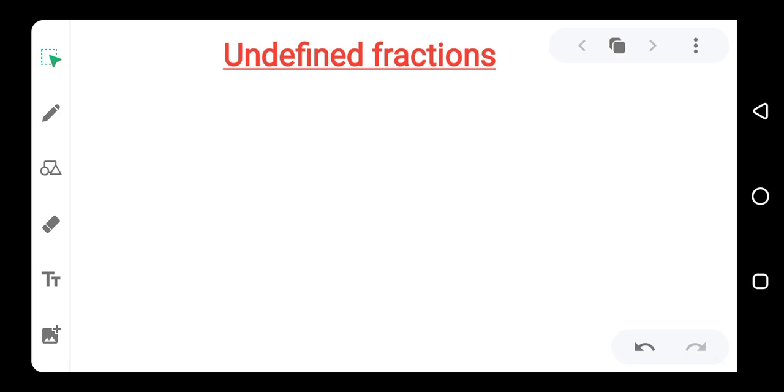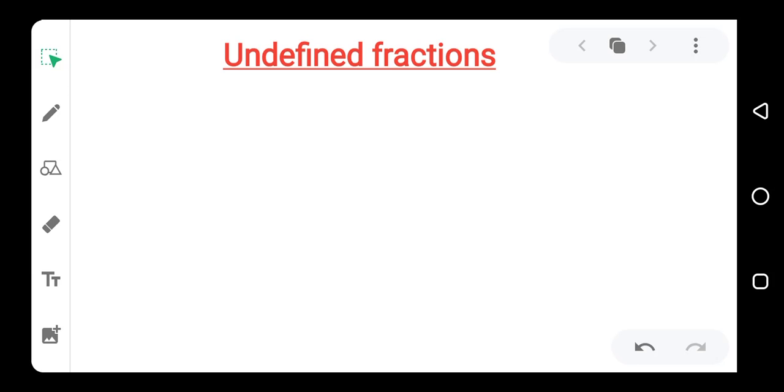Now, if you cannot divide a value by 0, we say that the value is undefined.